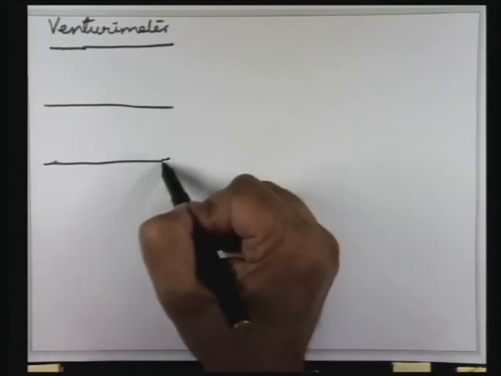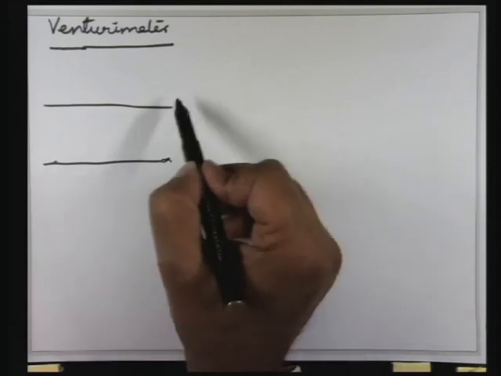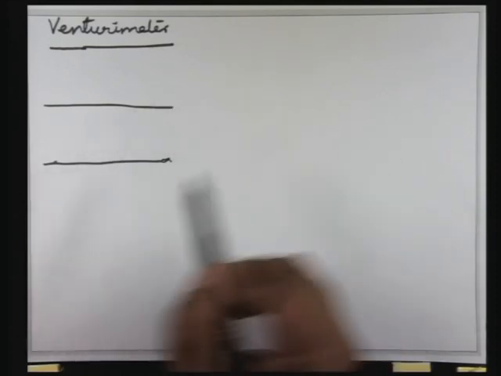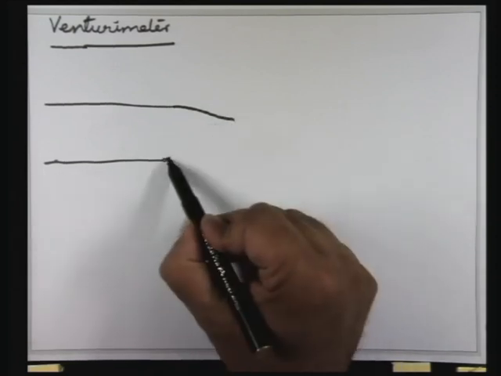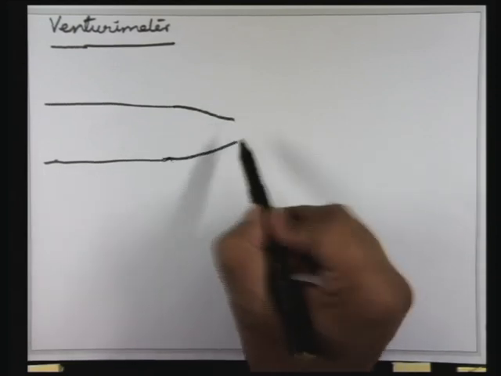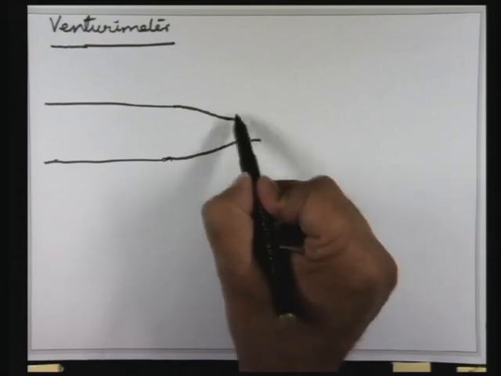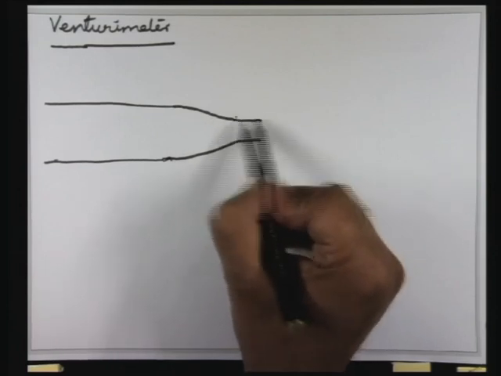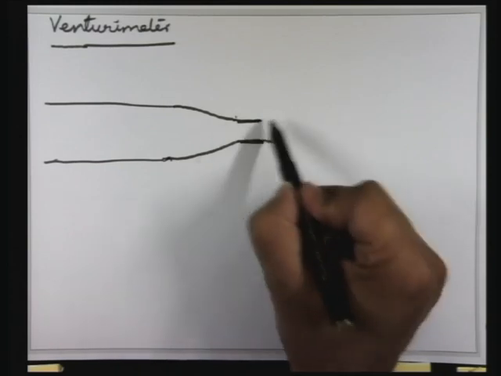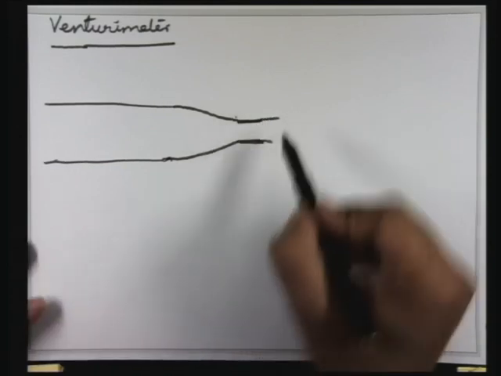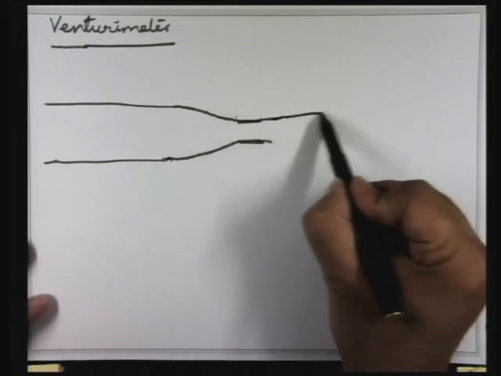The venturimeter has a converging and diverging section. So you will have a taper here, and you could possibly have a constant area section called the throat, followed by a diverging section. Now this will be gradually diverging.